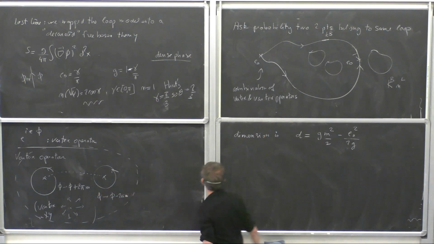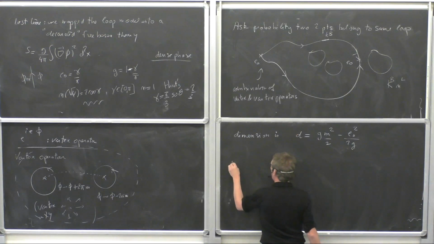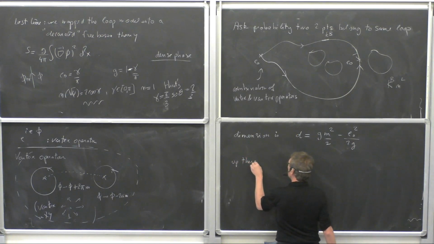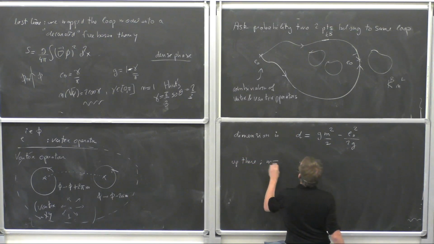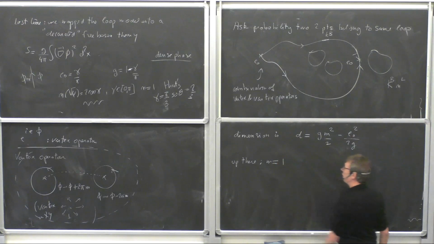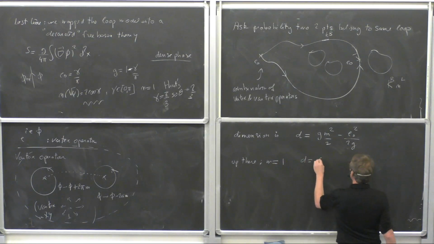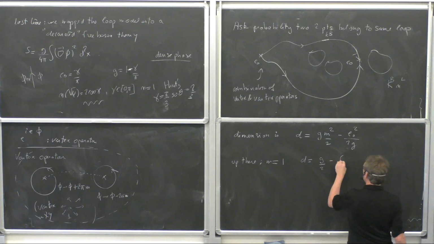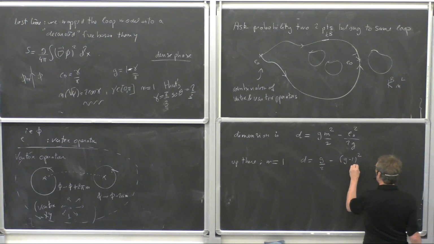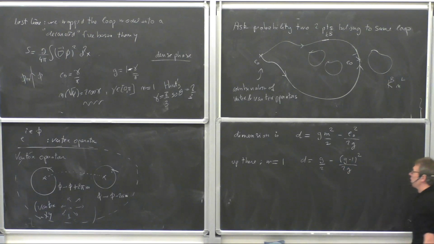Okay? So for the thing up there, we have m equals 1. So d is g over 2 minus E naught, which is g minus 1 square over 2g.